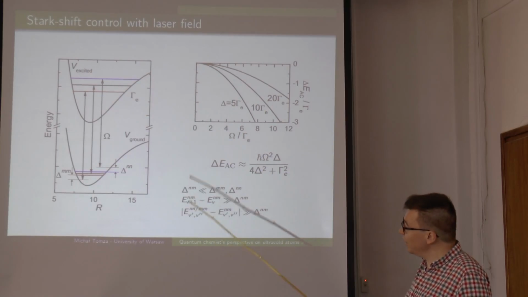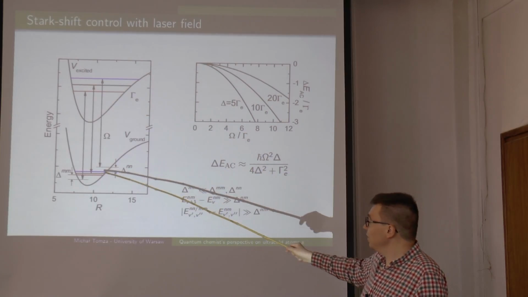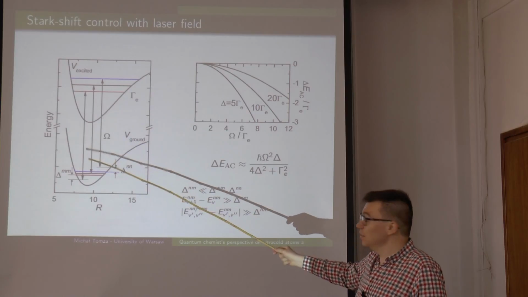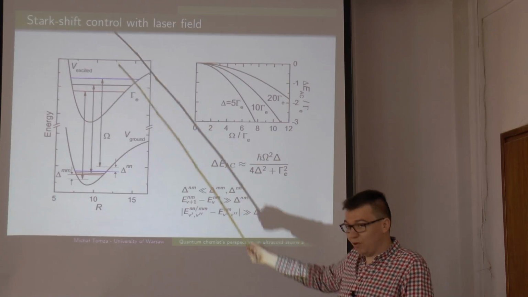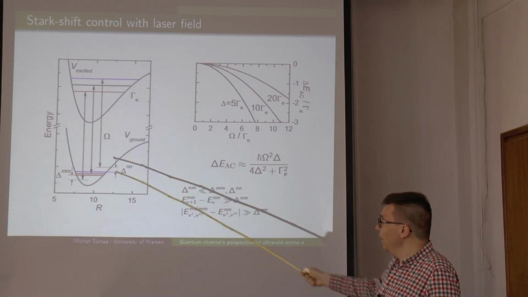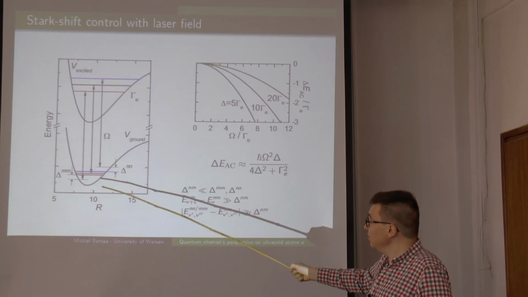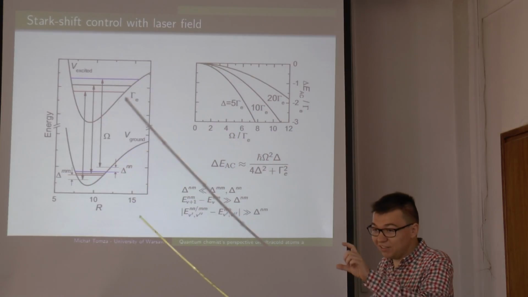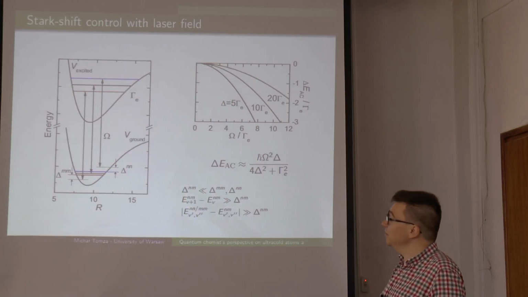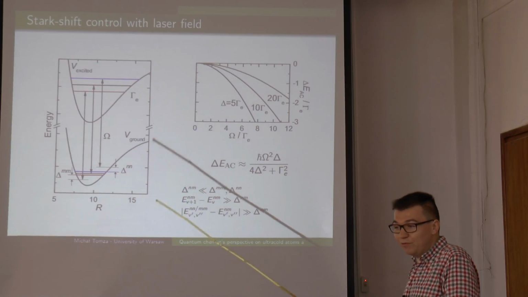Now, if we are able to find a situation where we can apply some laser frequency that is close to resonant with some transition for one of our isotopic mixtures, and is off resonant for the other, then we can have the Stark shift only for this transition which is close to this laser frequency, and it's completely not visible for other molecules.